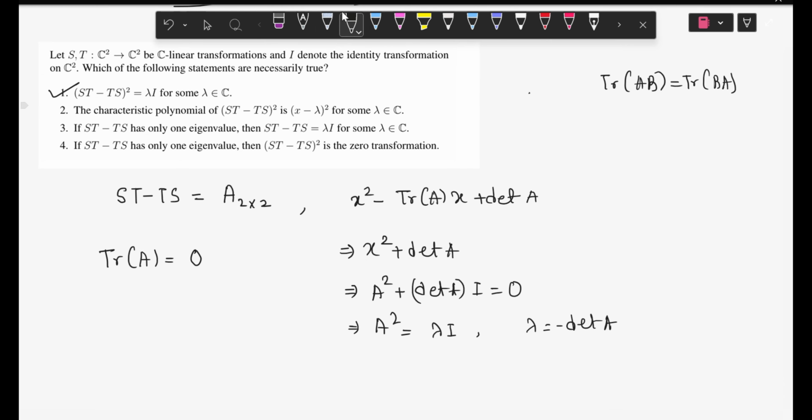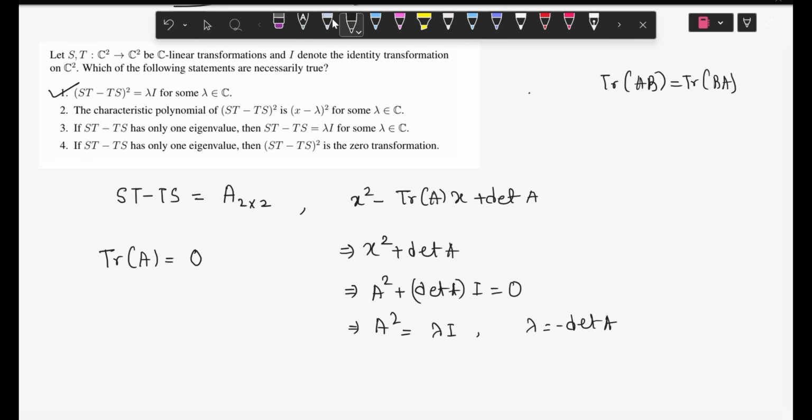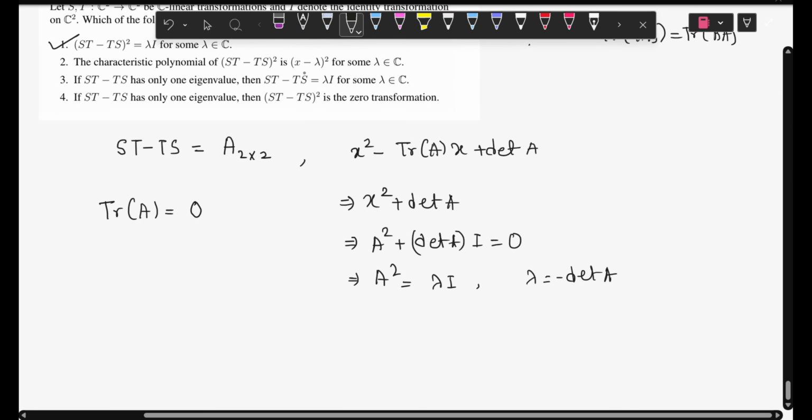Now moving on to the next option. The next option is saying that the characteristic polynomial of ST minus TS is (x minus lambda) whole square. Now, for this purpose, note that the characteristic polynomial of ST minus TS is (x minus lambda) whole square. Now let B equal (ST minus TS) whole square, which is equal to A square.